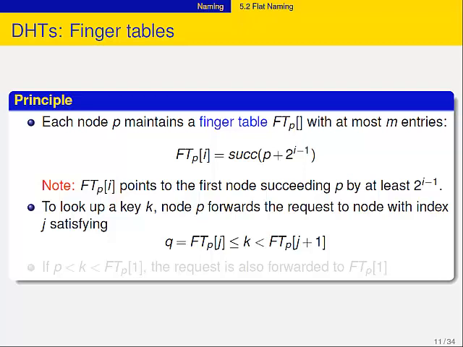I've got to get as close as possible to K from underneath, from lower than K. Because if I move to a node that is already beyond K, I may be missing nodes that sit between K and the node that I just handed the request to. And that means I just overshot.